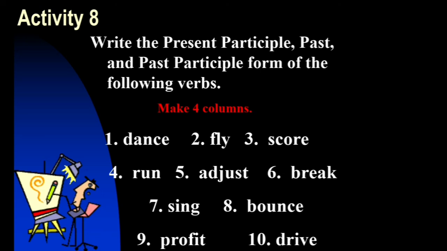Now come to the activity. Write the present participle, past and past participle forms of the following verbs. Here you have to make four columns and write the present participle, past form of the verb and past participle form of the given verbs.